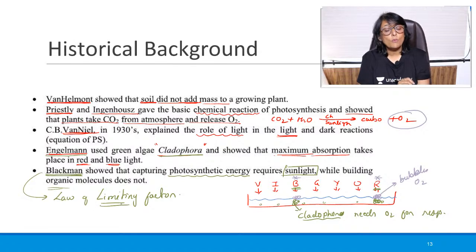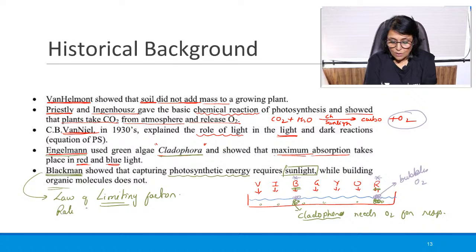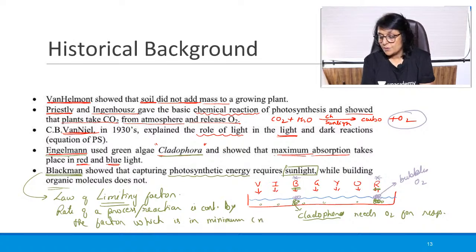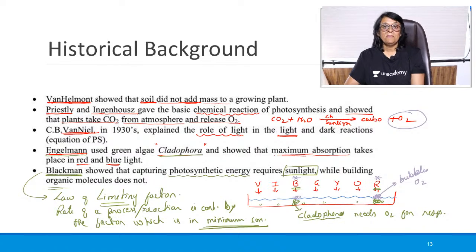But that law was given by Blackman, which says that the rate of a process or reaction is controlled by the factor which is in minimum concentration. This law was also given by Blackman.